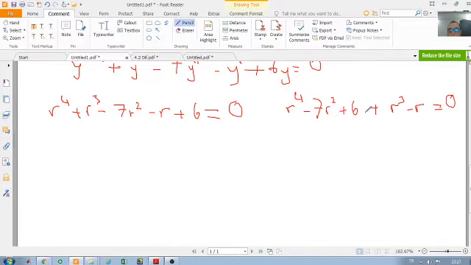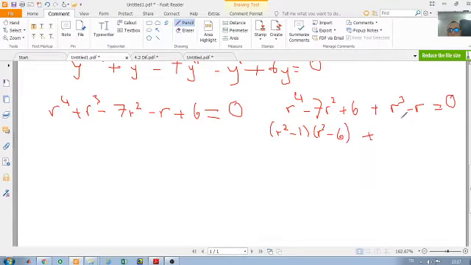When we consider the first group here, the factors of this first one will be r square minus 1 times r square minus 6.